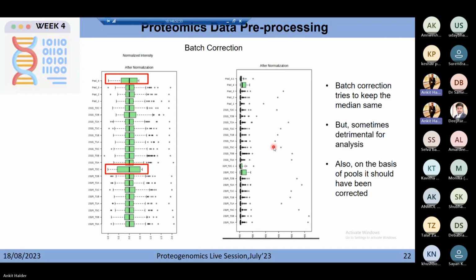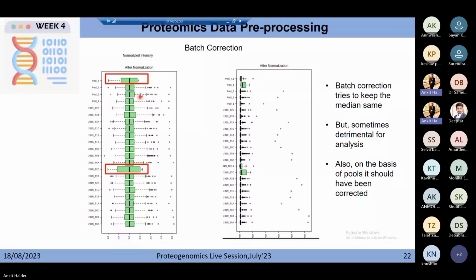Since the pool sample is the same sample and has run across all the batches, and since you are running a pool sample at the end of the batch as well, it is capturing all the changes that have happened due to technical bias. So the pool should have been the reference, saying this is how my sample should look.